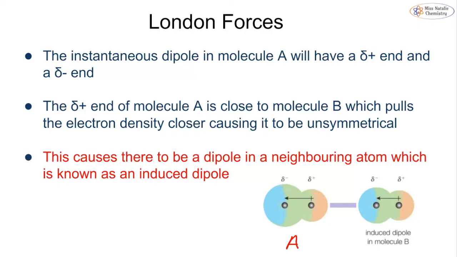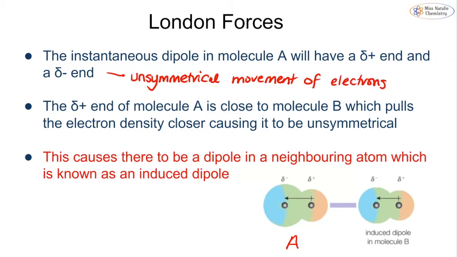So we have the instantaneous dipole being formed because of the unsymmetrical movement of electrons, and this is in molecule A. Molecule A then comes close to molecule B, and this delta positive end of molecule A is going to attract the electrons within B, causing that to then have a delta negative end, and that causes it to then become unsymmetrical. So molecule A causes molecule B to also have an unsymmetrical electron density.